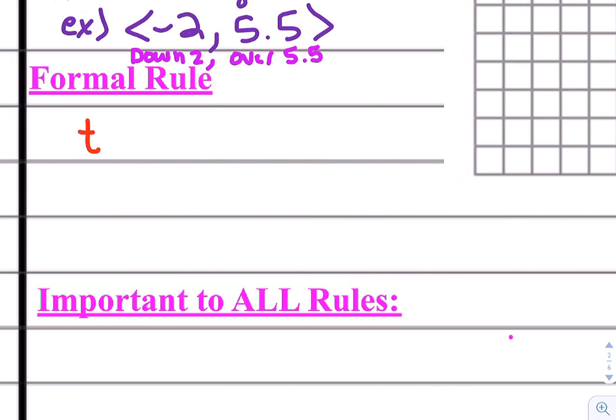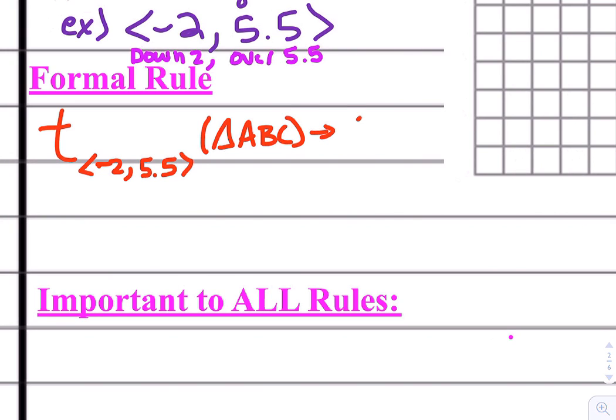The translation we call T, that uses a vector of travel -2, 5.5, takes the preimage triangle ABC to our new triangle A prime, B prime, C prime.